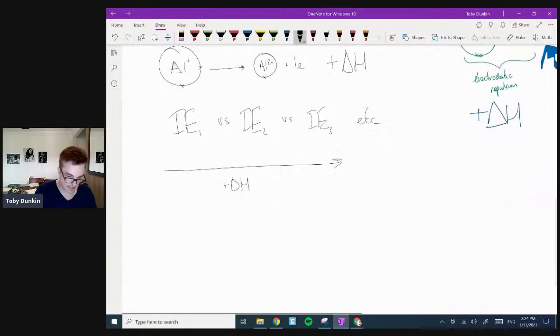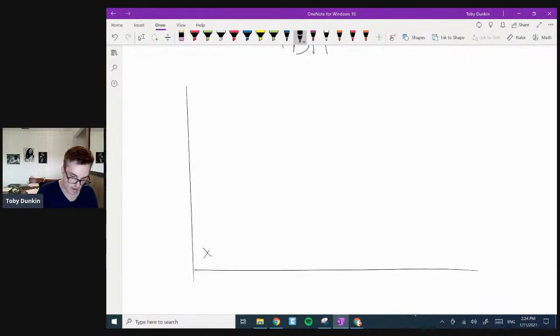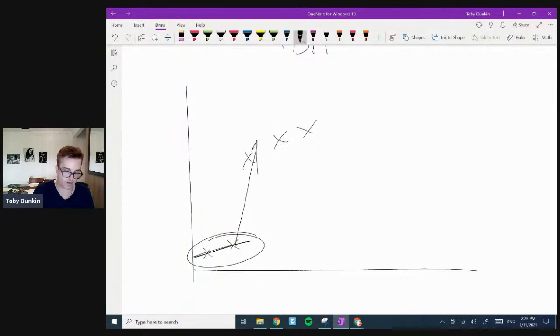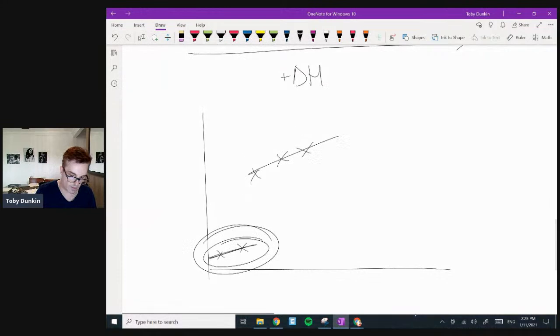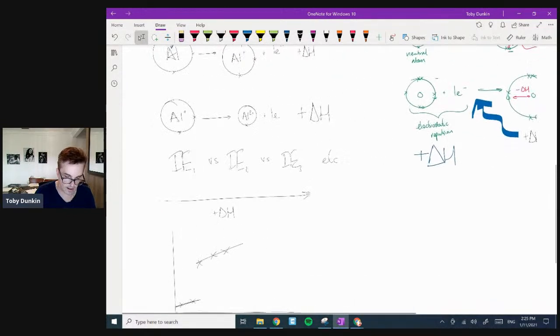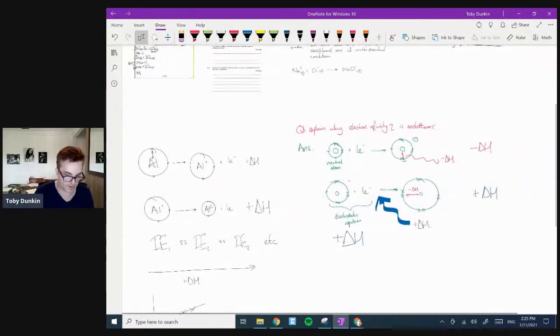This is why we get our ionization energy graphs, and we ask, what group was my element in? And you say it's in group 2, because the first 2 electrons were in the outer shell, and there's an enormous jump because we've now entered a shell closer to the nucleus. So these are the outermost, and that's the shell further in. But they're always moving in a singular direction, whereas this one is very much the opposite. One's endo and one's exo, which is rather odd.